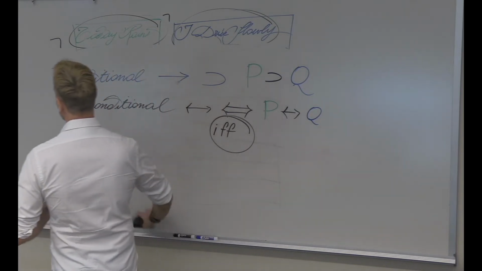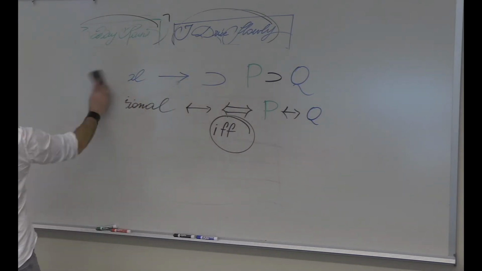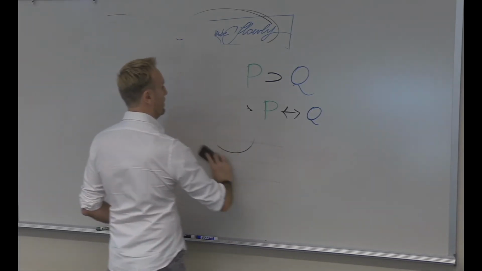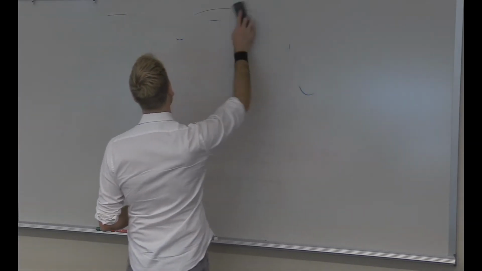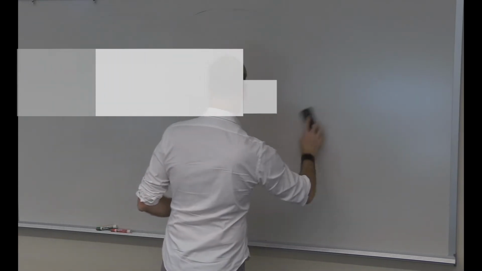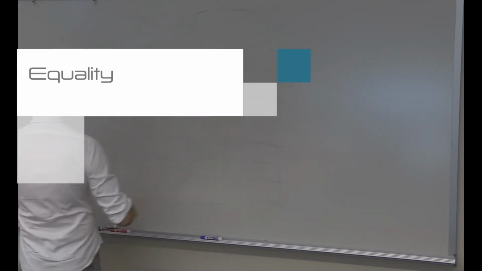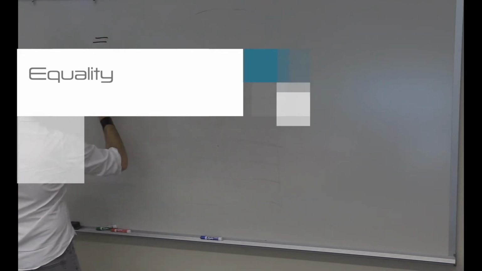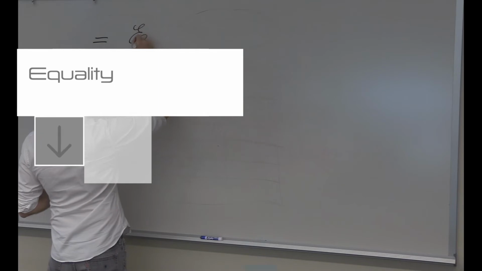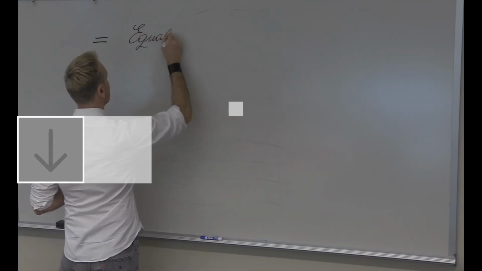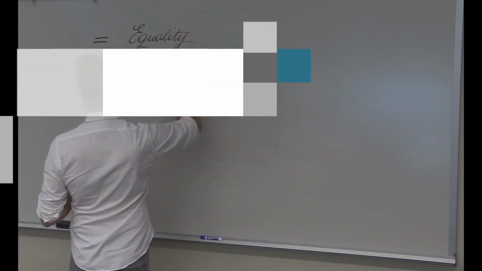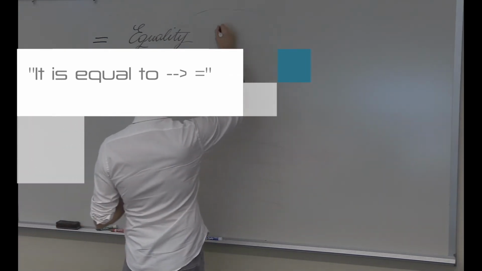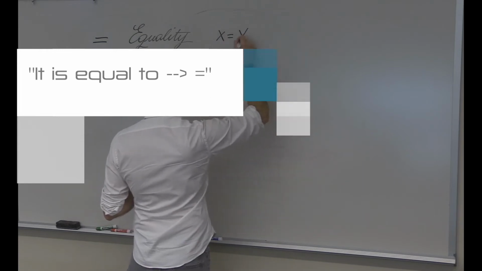Okay, so there's a lot more to say about this relationship, but I want to give you a brief list of the mathematical symbols that we will utilize the most in logic. So let's start with one of the most commonly utilized, the symbol that almost defines equations in themselves. It's a symbol of equality, which is this one, okay, equality, which of course means that it's equal to, okay, x equals y.